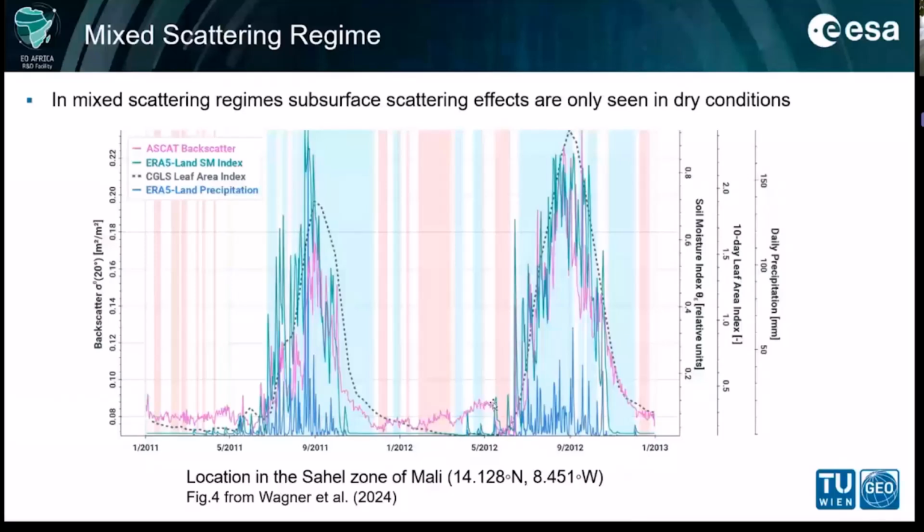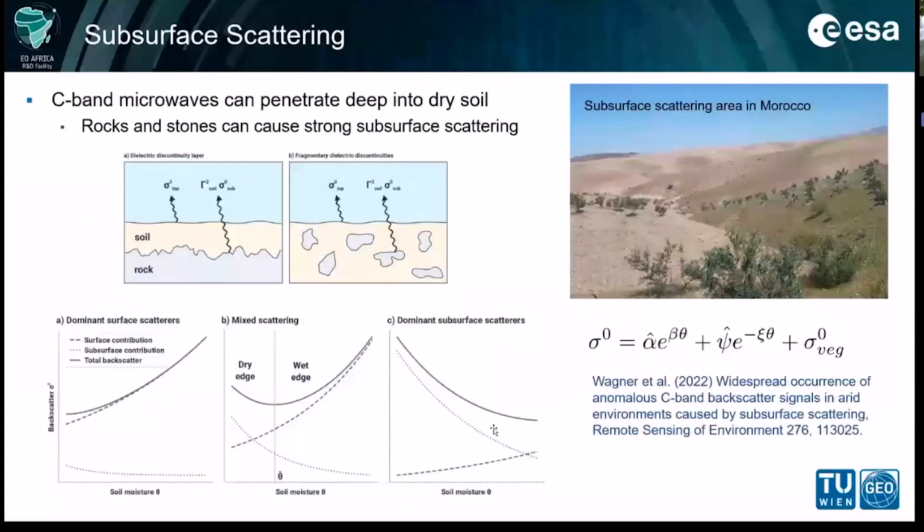And once there's a significant rainfall, I see a drop in backscatter. So what's happening here is that during the very dry season, I'm at the very dry edge. After the first rainfall, it may happen that I end up at this point, and only from this point onward does it go up again.